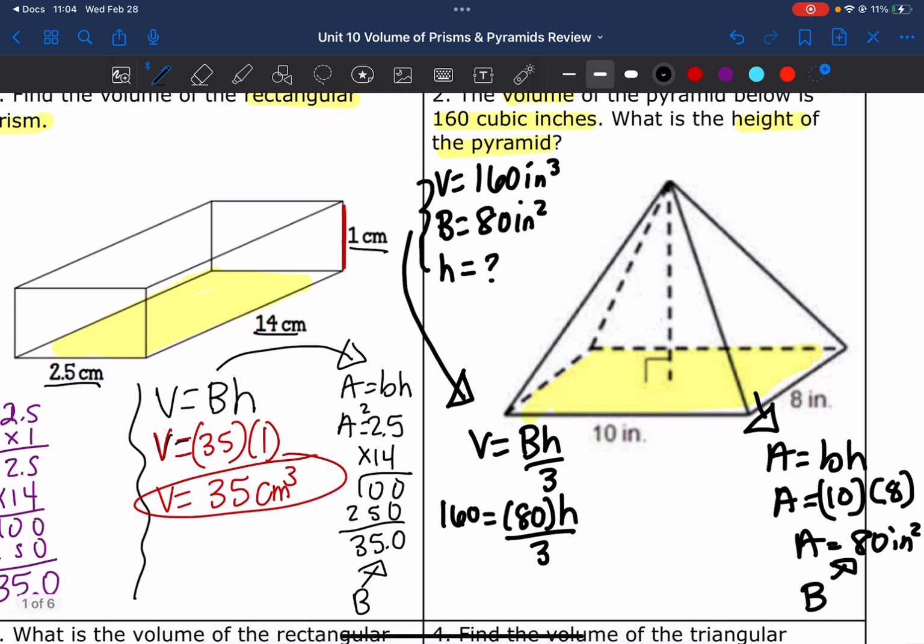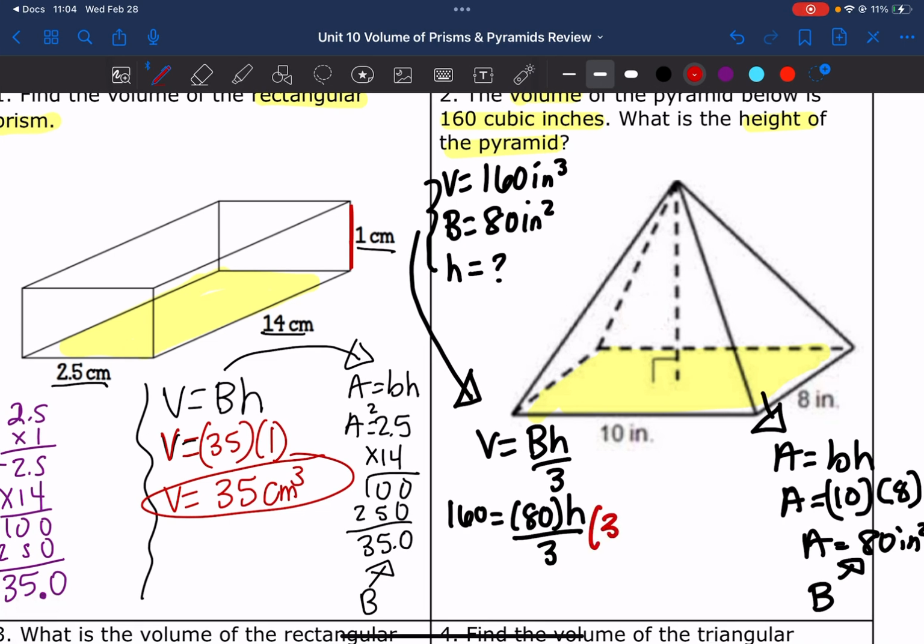What I have to do next is make sure that I get 80H by itself. So I'm going to multiply by 3. Over here, I'm going to multiply by 3. 6 times 3 is 18. 3 plus 1 is 4. So I get 480 is equal to 80H.